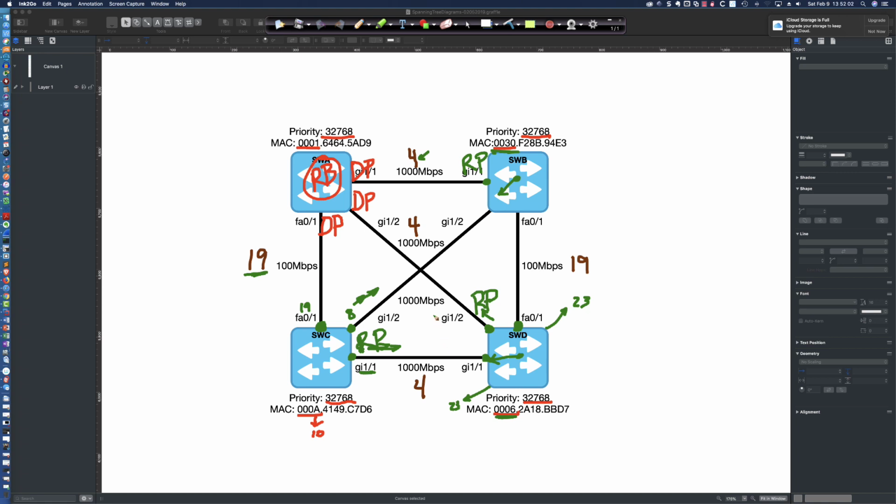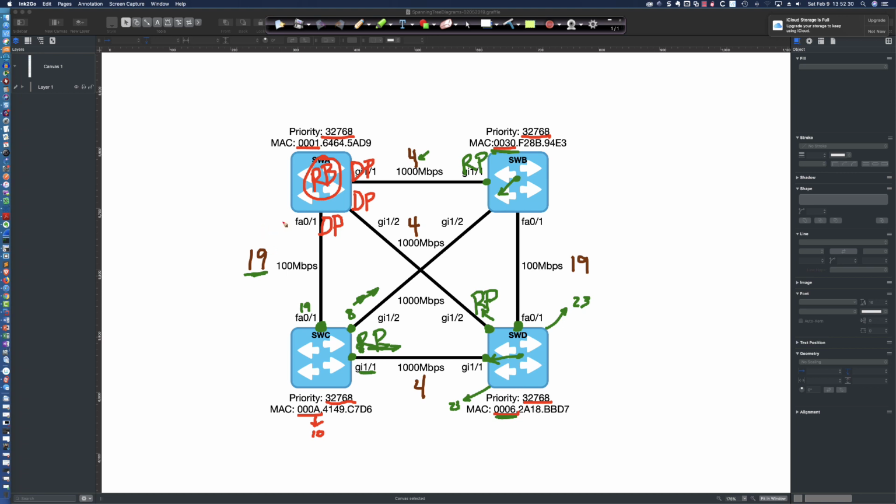And so now let's go ahead. We'll change back to red. And this is kind of a little, I like to call a wrinkle in the order of operations. So again, number 1, identify the root bridge, the center of the spanning tree universe. You do that by finding the root bridge with the lowest priority value. When the priority values are the same, you go immediately to the MAC address. You're not going to have a tie with the MAC address.